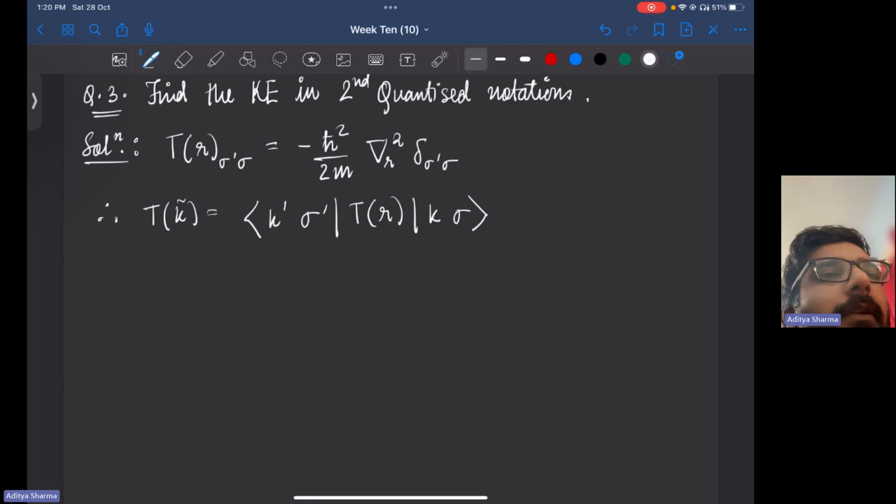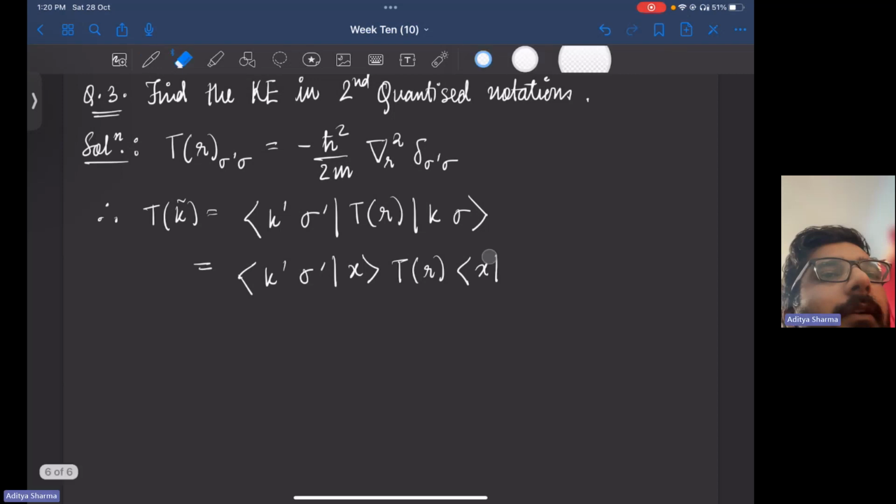So what I was trying to do was, if I want to find the position space matrix element, I'm going to insert this here. I'm not only going to insert this, I'm going to insert a closed set of states.